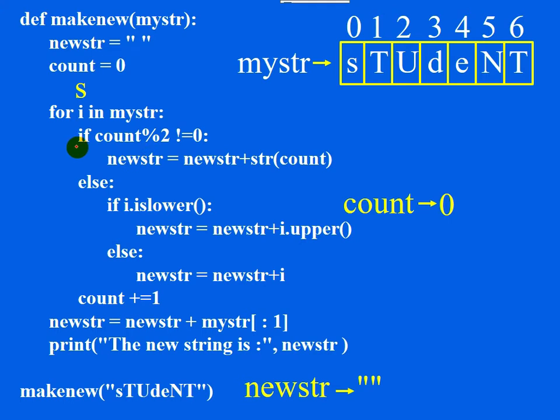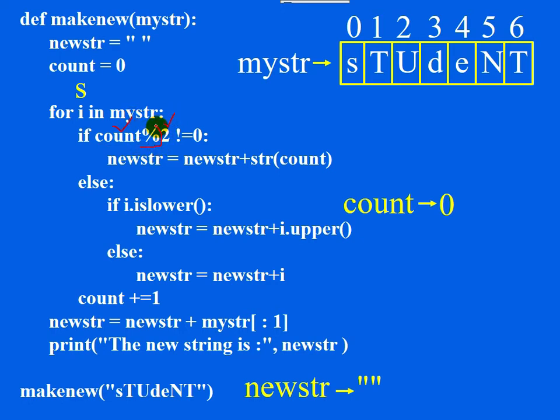Now control goes inside for loop. This much is part of for loop. See the indentation. The indentation is important. So when you go through the indentation, you can see this much is part of for loop. Okay. Now count modulo 2. What is count? 0. So 0 modulo 2. When you divide 0 with a 2, the remainder is 0.